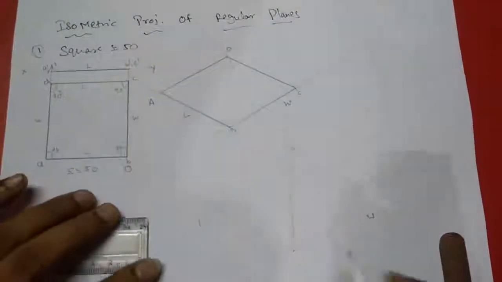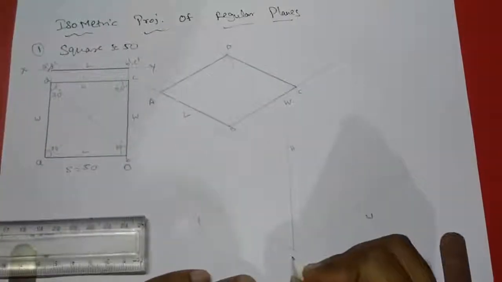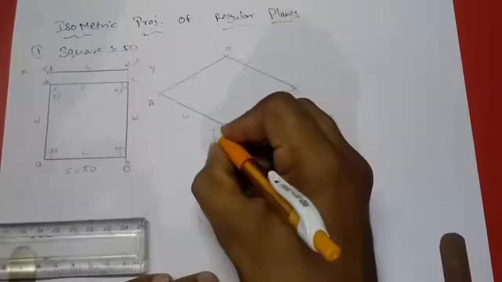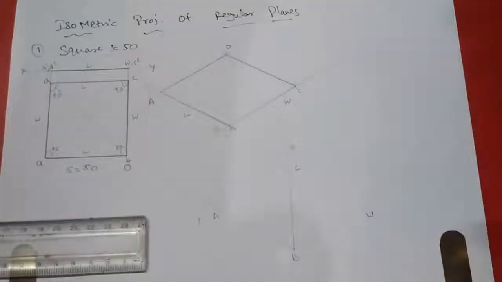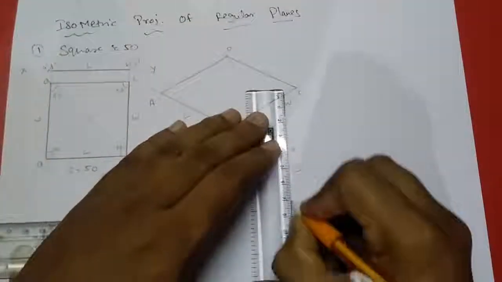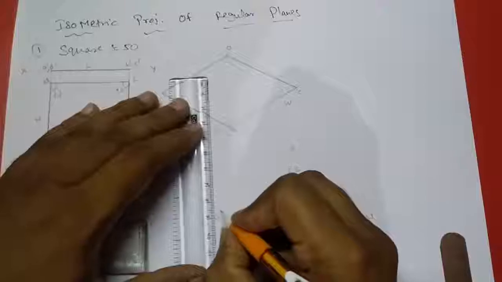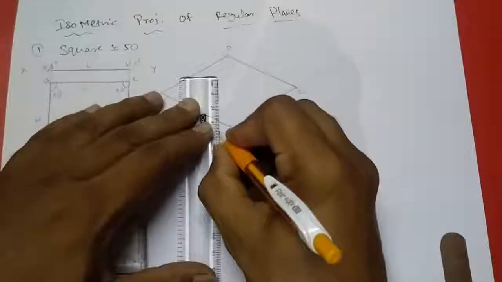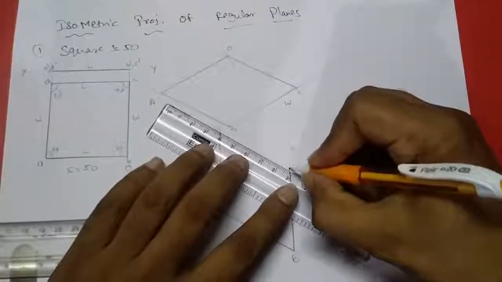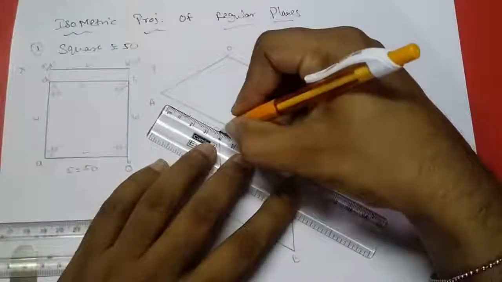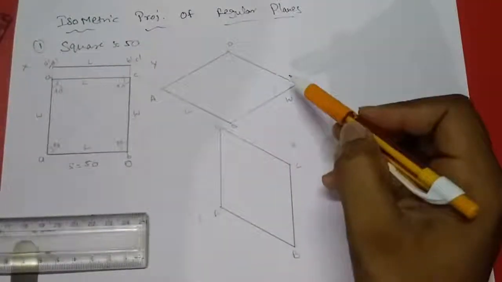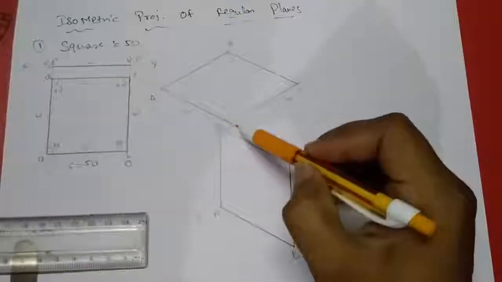So I have marked this. This would be B, this would be A, this would be C, this would be D. So now can I join this? And here you can see one thing, CD would always be parallel to AB.